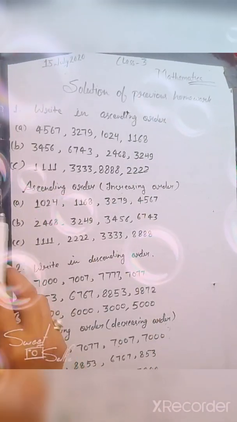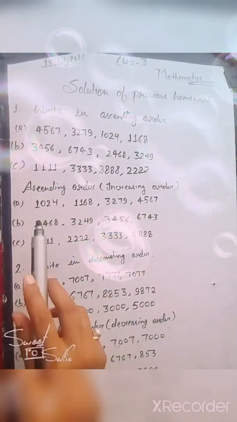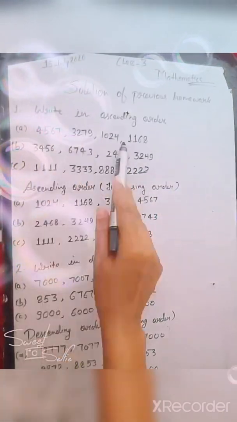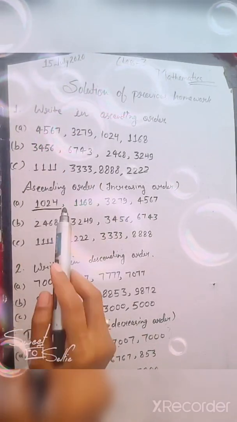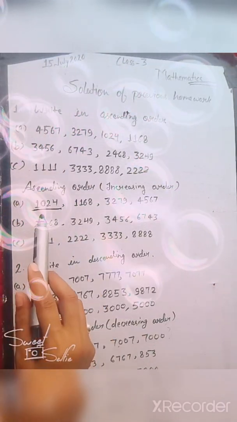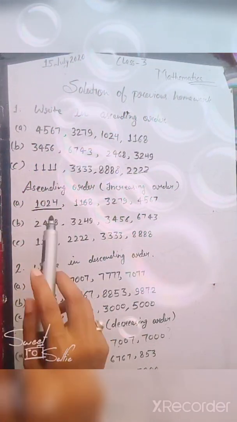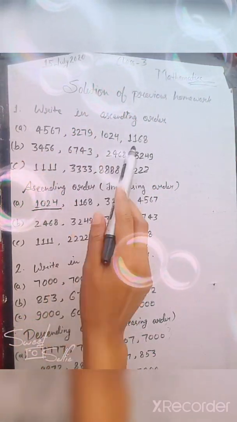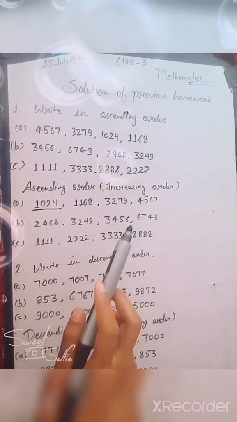The ascending order of these numbers is: the smallest number among these is 1024, so we will write 1024 first. Next smallest number is 1168.